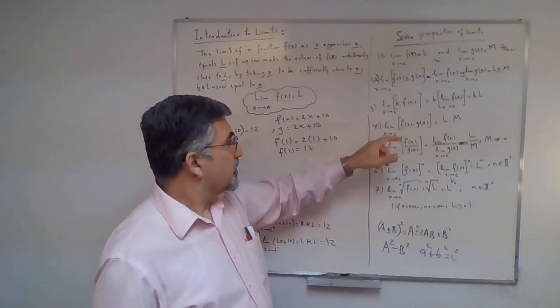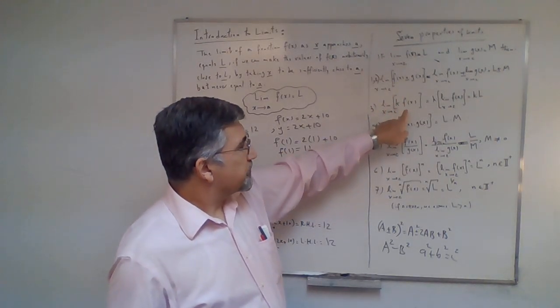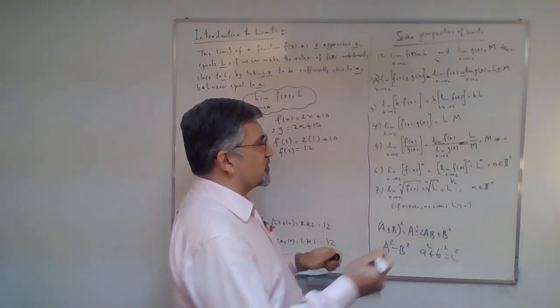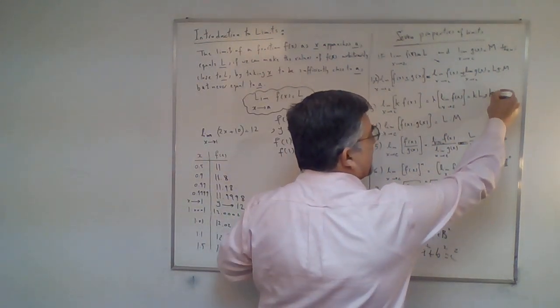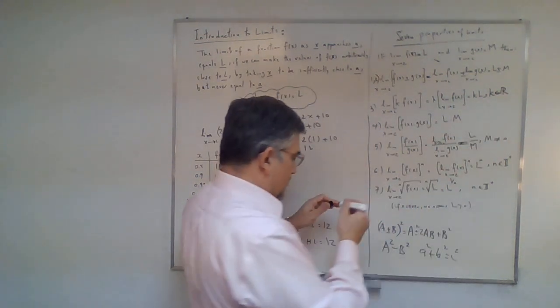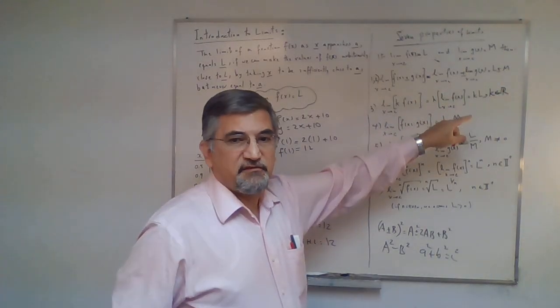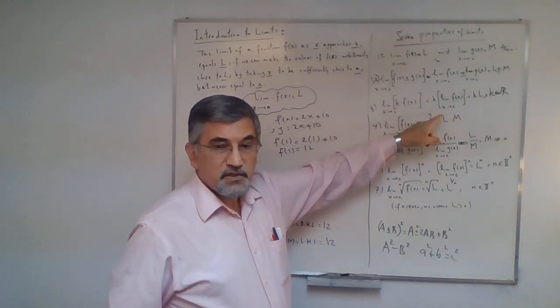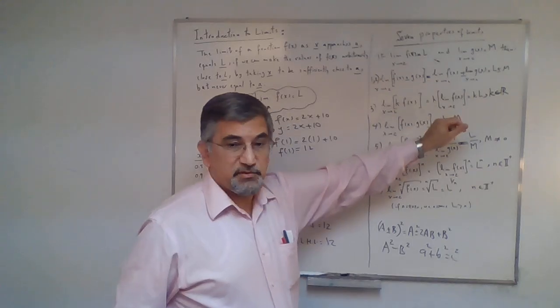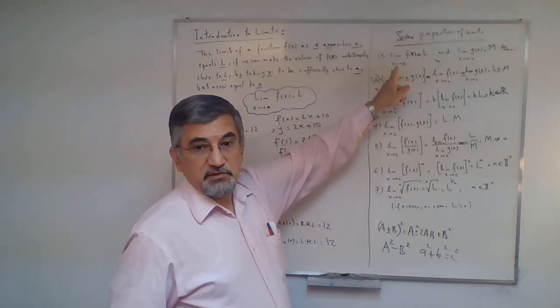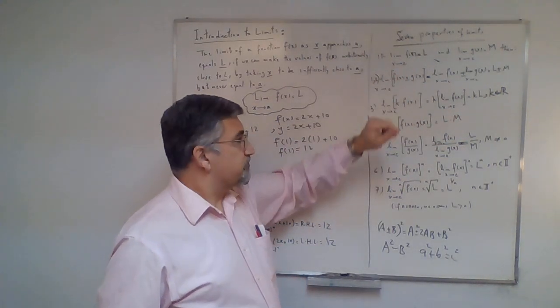You can use it. The limit of k times f of x, and k is just a real number. I'm going to say k belongs to the set of real numbers. Let's say 2. The limit of 2 times f of x equals 2 times the limit of f of x when x approaches c. So it's going to be equal to k times L, because L is the limit of f of x when x approaches c.